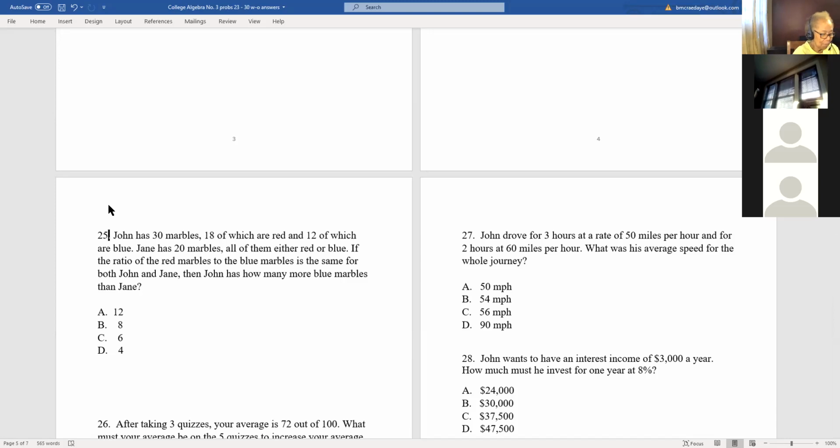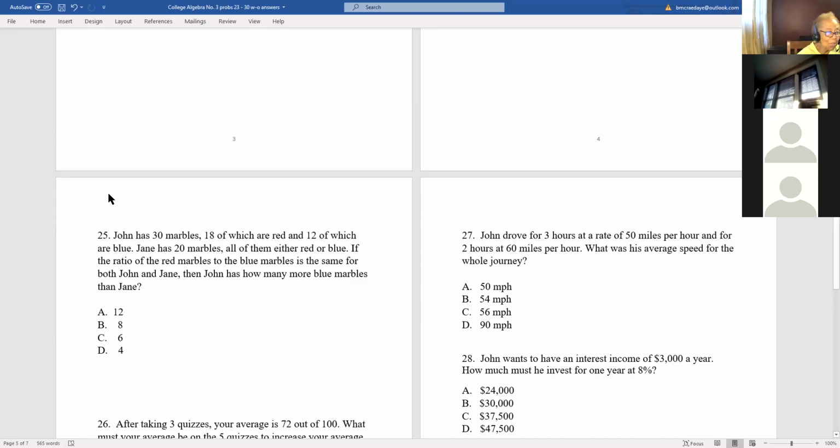Jane has 20 marbles. All of them are either red or blue. If the ratio of the red marbles to the blue is the same for both John and Jane, then John has how many more blue marbles than Jane? I don't know.